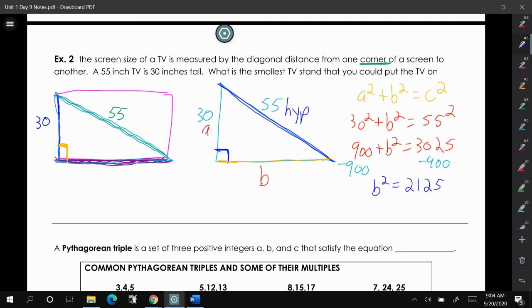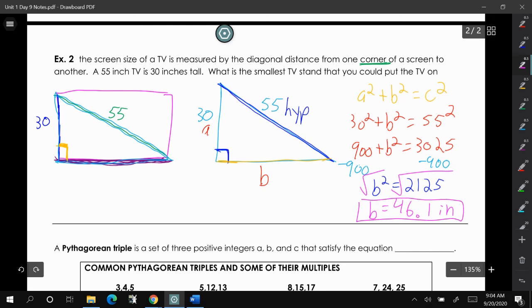So then we'll take the square root of both sides. And B is equal to 46 point, we'll call it 1 inches, because that's what our units are. So the smallest TV stand we could put this TV on would be 46.1 inches. So we got to buy something at least that large.